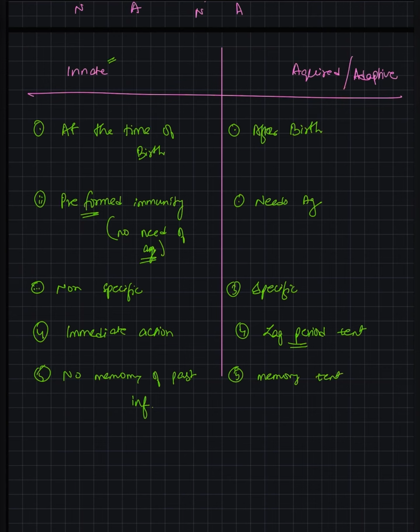Over here, this point is important. This is non-specific. Now why do we say that it is non-specific? It means that for any type of antigen, the action is going to be same.